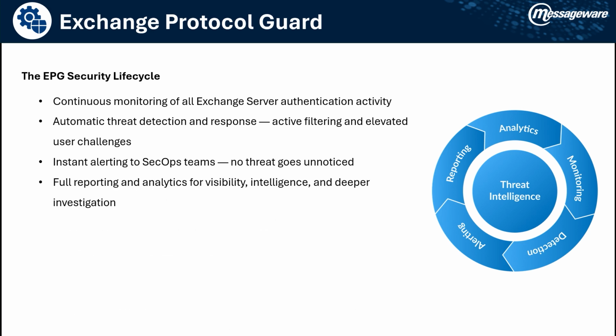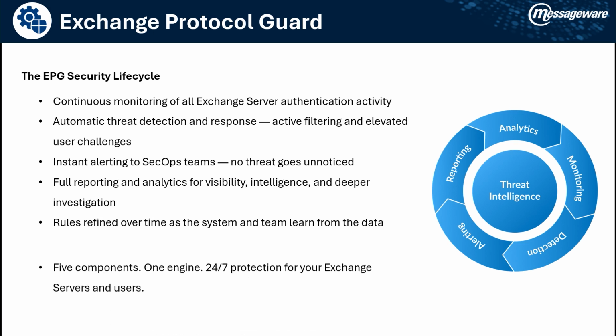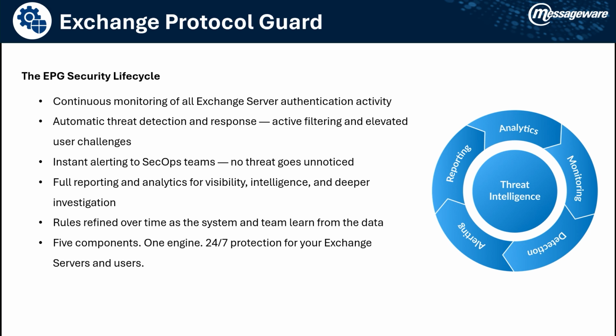Everything is captured in the reporting system, providing full visibility through automated threat intelligence and access to analytics for deeper investigation. As the system and team learn from the data over time, EPG rules are refined and the cycle begins again. Together, these 5 components, monitoring, detection, alerting, reporting, and analytics, drive EPG's central threat intelligence engine, keeping your Exchange servers and users protected 24 hours a day, 7 days a week.